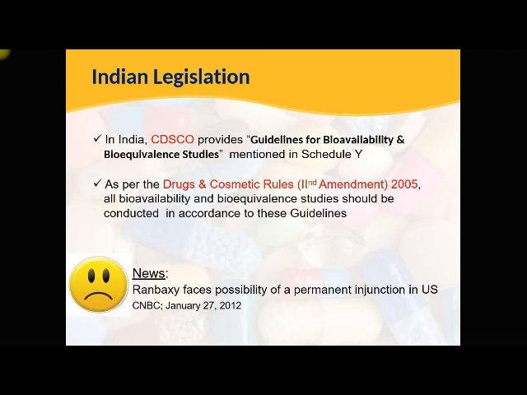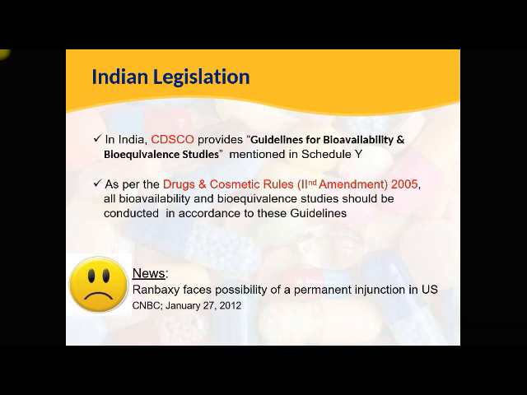But some companies don't follow these guidelines and they tend to manipulate the data. One such company, you may have known it, is Ranbaxy. Okay, so it faces the possibility of a permanent injunction in the US.